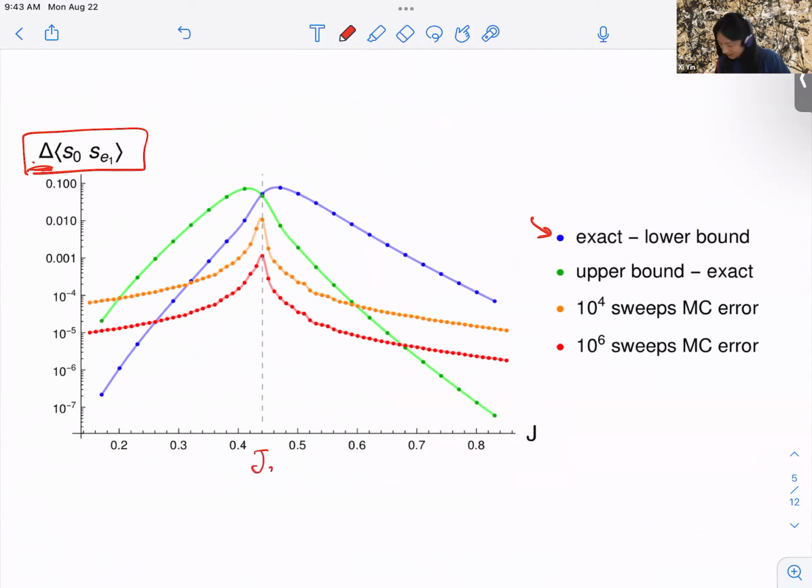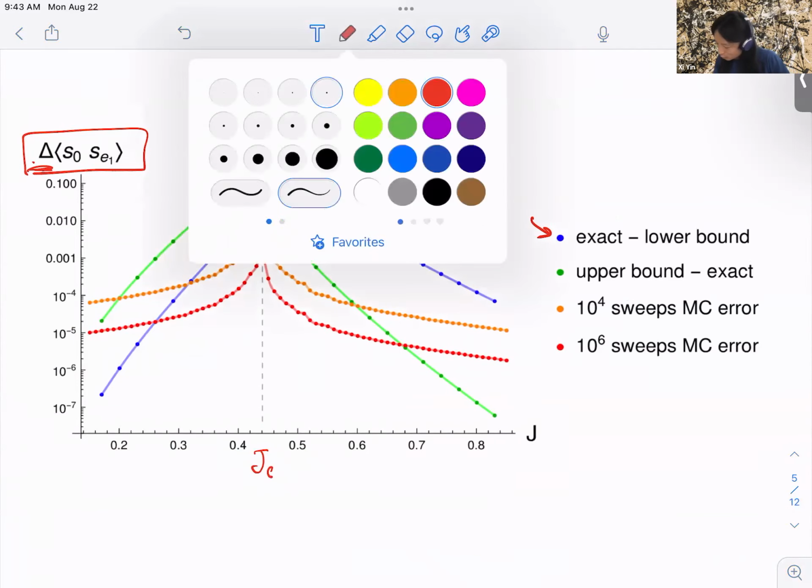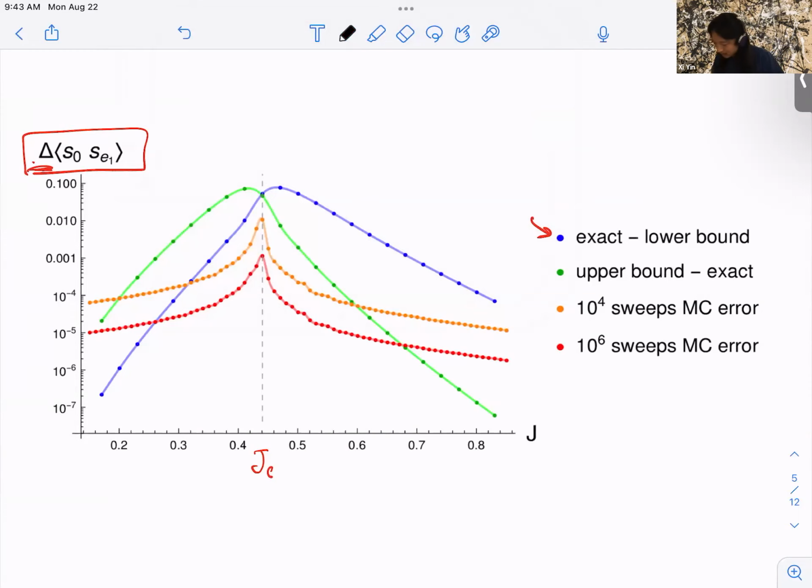So this is, again, JC, and it's a bit loose when J is above JC. In fact, it tightens so quickly that when J is below JC, like when you go away for some amount, let's say over here, it actually becomes tighter than the result you can easily obtain with Monte Carlo.